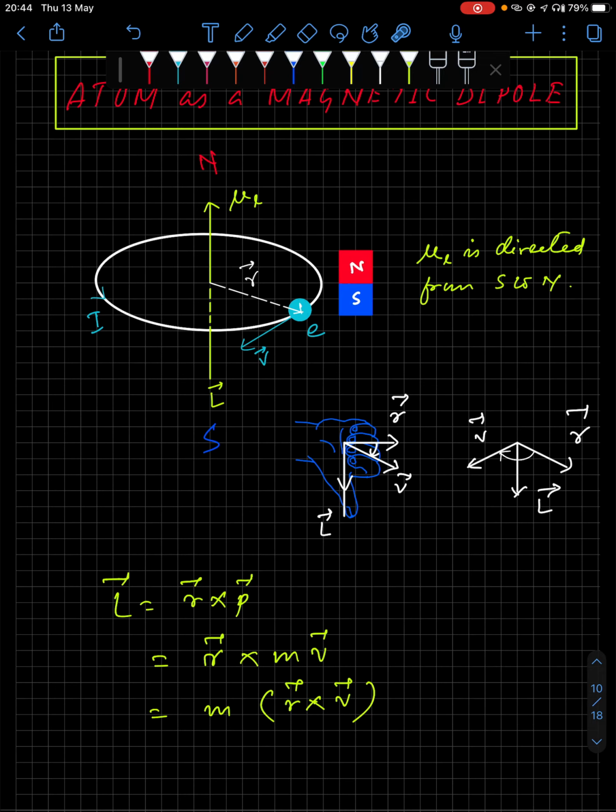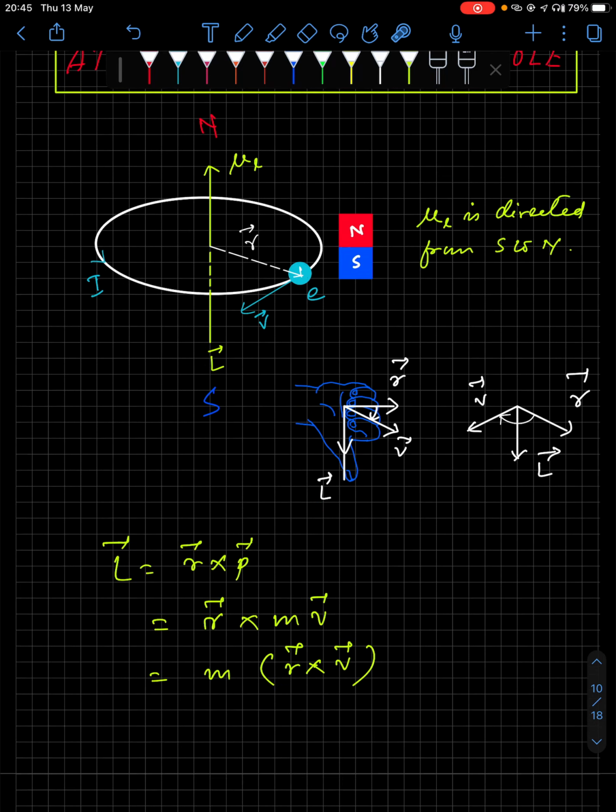If you keep your palm open towards the R vector and then you fold the fingers towards the V vector, you'll see that the thumb points in the downward direction. That will show you the direction of the angular momentum.